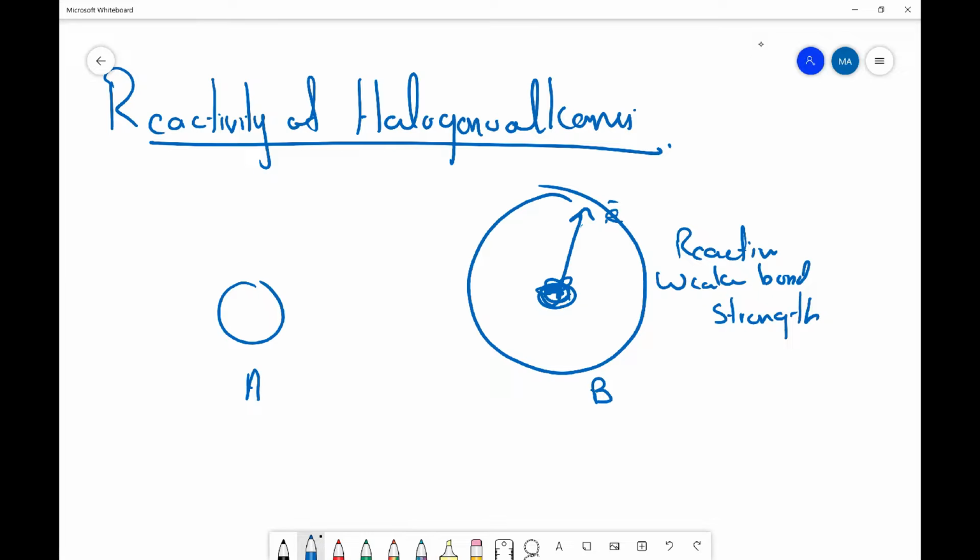So the loss and gain of electrons is all what reactivity is. An atom is reactive if the electron is easily lost, and it's reactive if an electron is easily gained. This is why these bigger molecules having bigger radii are generally more reactive because of their weaker bond strengths.